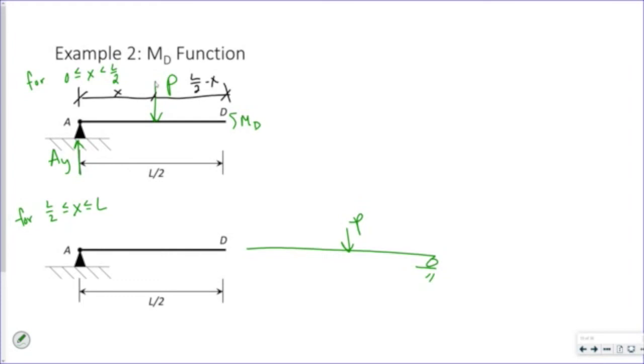All right, let's take the sum of the moments at D equal to 0. I have my moment at D acting counterclockwise, so it's positive. I have P, and its moment arm is L over 2 minus X. And acting clockwise, so it's negative, AY times L over 2.